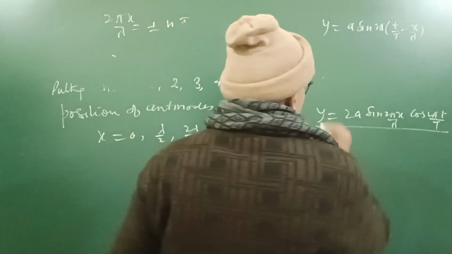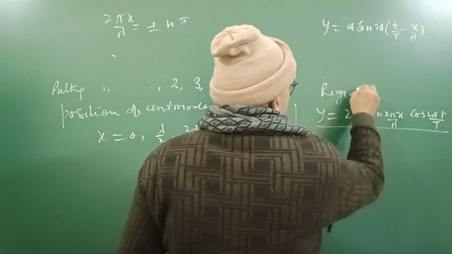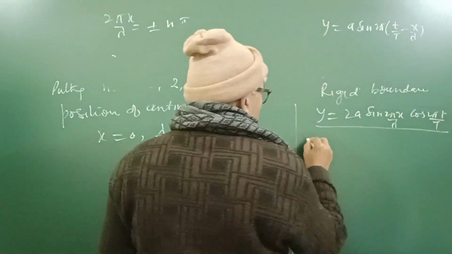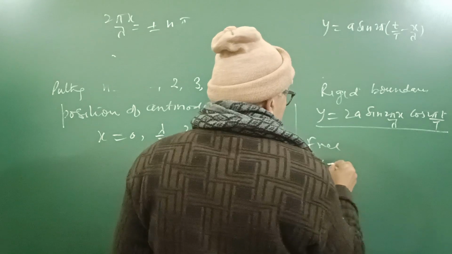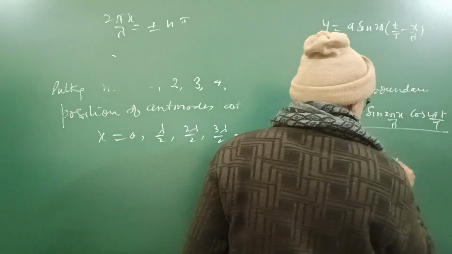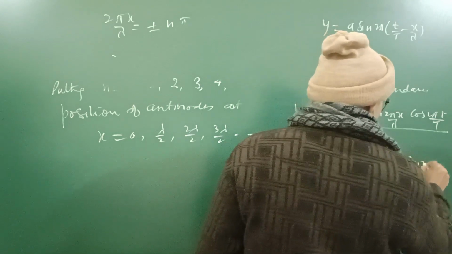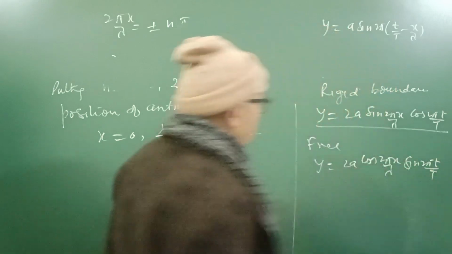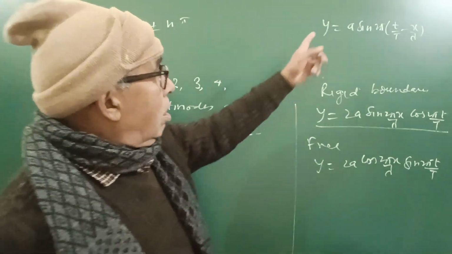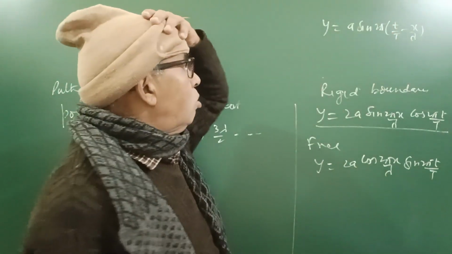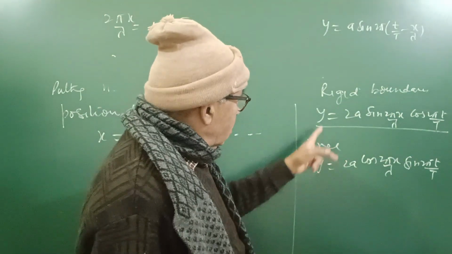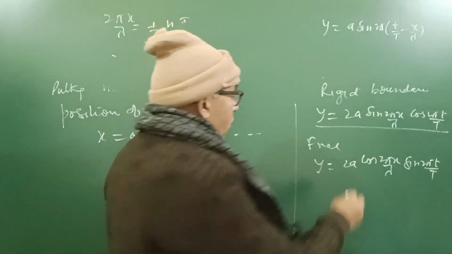This is for rigid boundaries. For free boundary, what will it be? y equal to 2a cos 2 pi x upon lambda and sin 2 pi t upon T. This equation of standing wave will be obtained when our progressive wave is given by y equal to a sin 2 pi t upon T, and for free boundaries we get this equation.